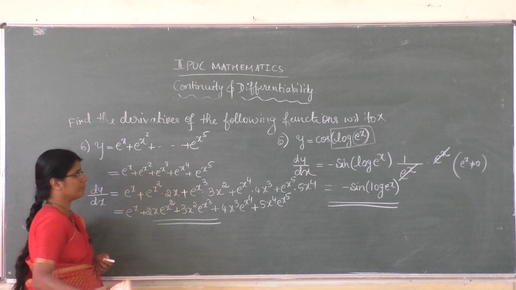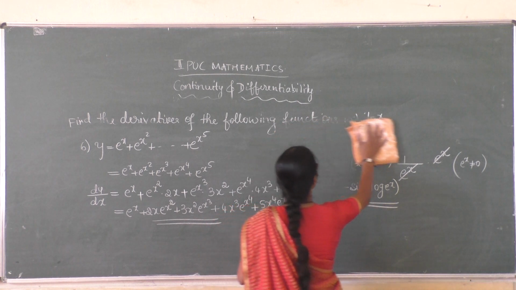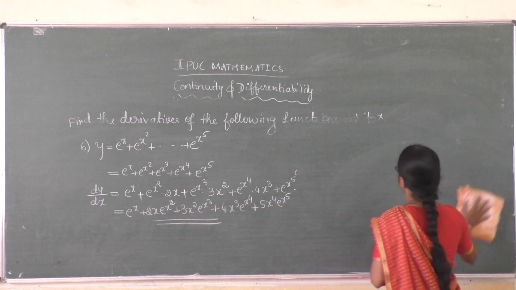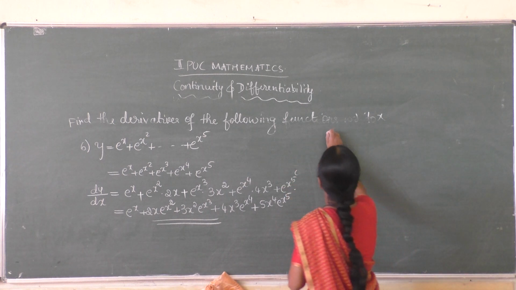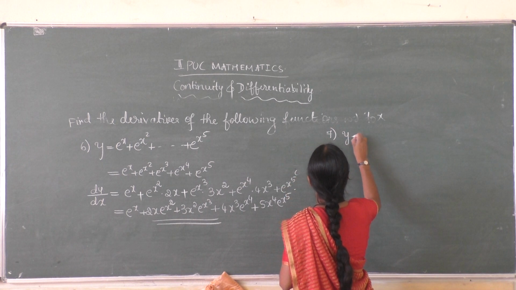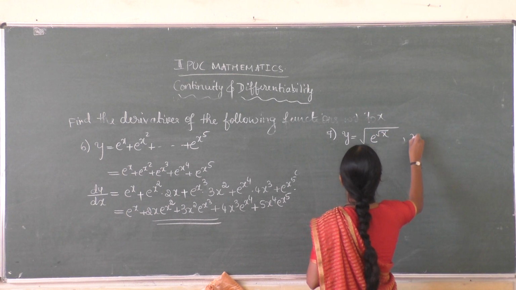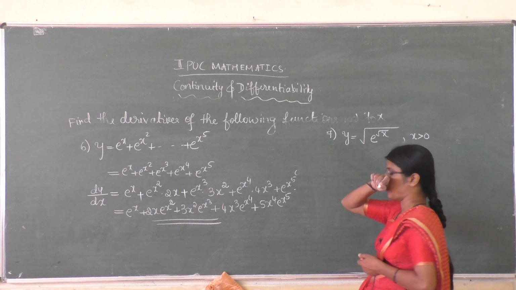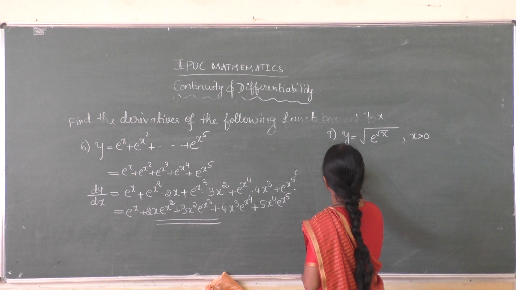So next one, y equal to square root of e to the power root x, x greater than 0. So root x, dy by dx.